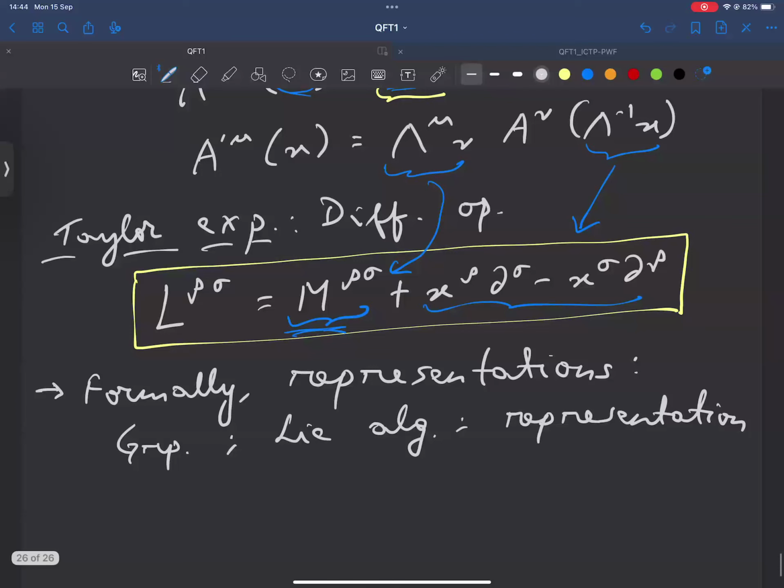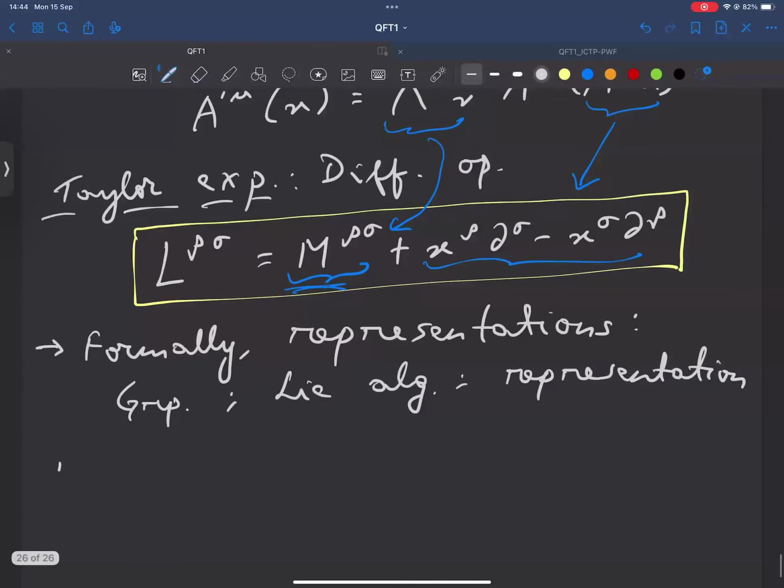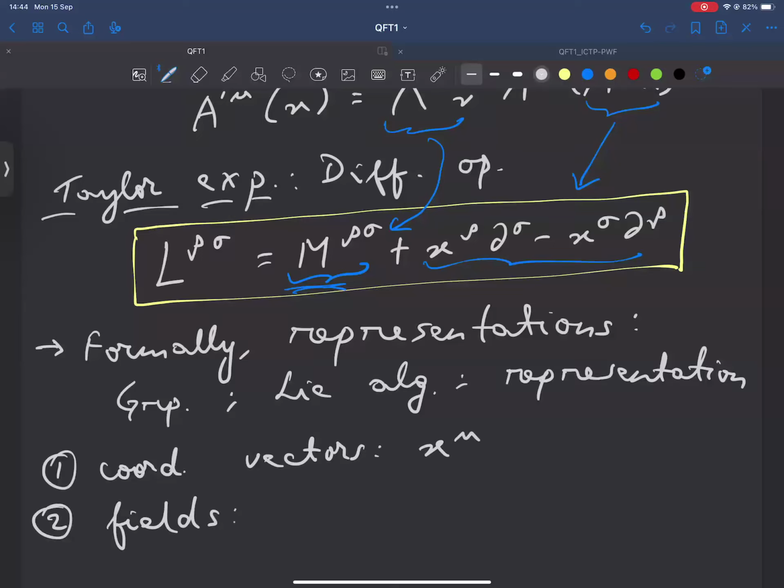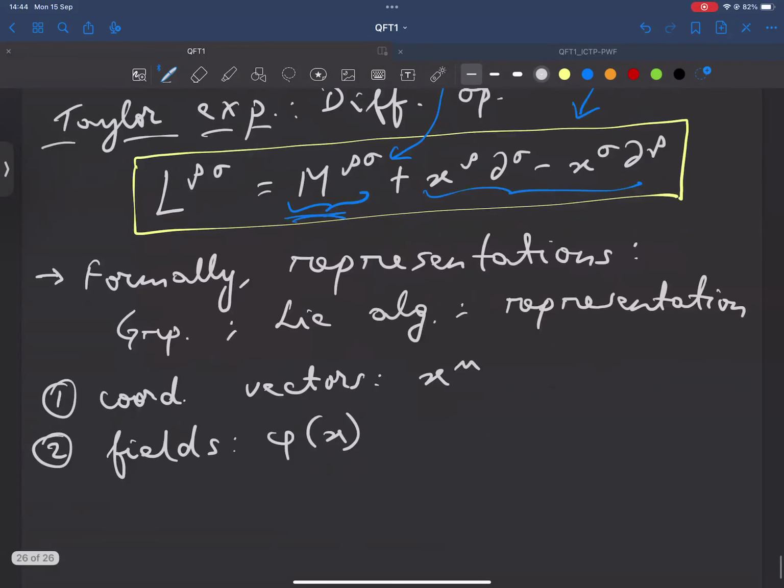And for this, recall that there are two things that we are always focusing on. So one is coordinate vectors, which were the x mu's, and the other thing was fields. For instance, for the scalar case, it was this. And now we considered action of these lambdas, this Lorentz transformation, on x mu's and on the phi's.